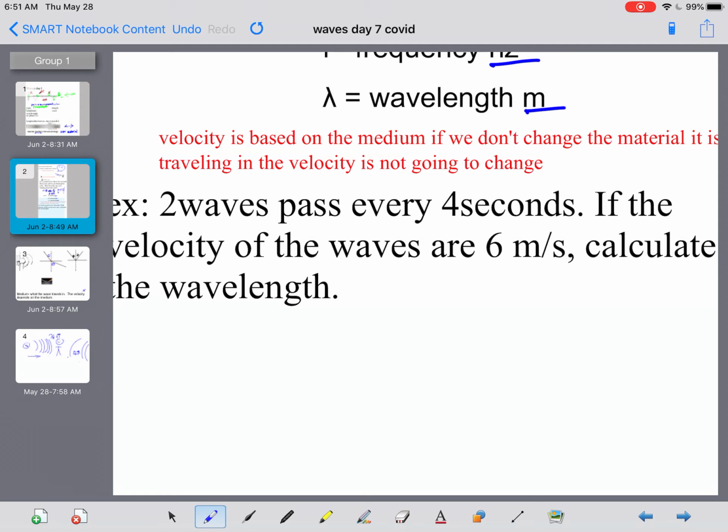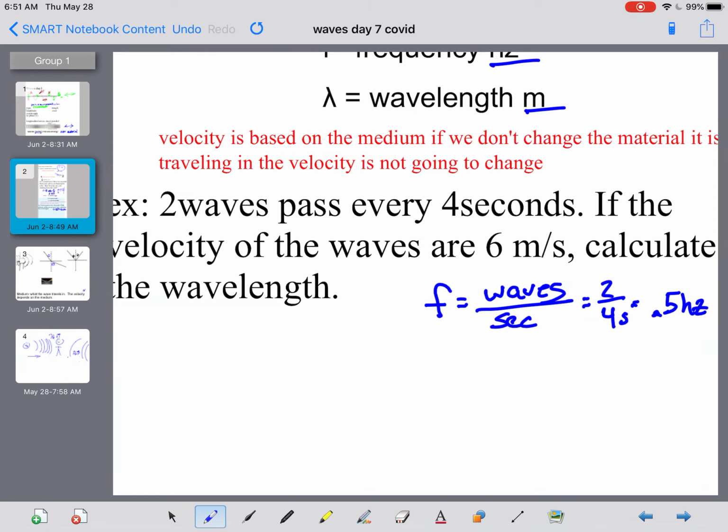And I'm going to solve it this way. I have my frequency, and I mentioned I want you to memorize a definition. So I have frequency is waves per second, and I have two waves that pass every 4 seconds. I have two waves every 4 seconds, so I know my frequency is 0.5 hertz.